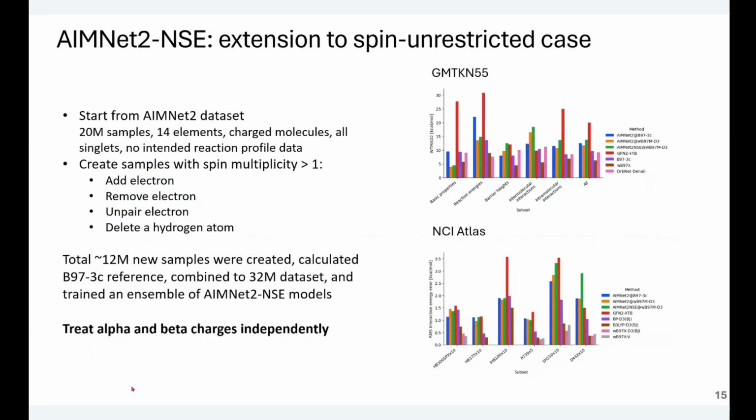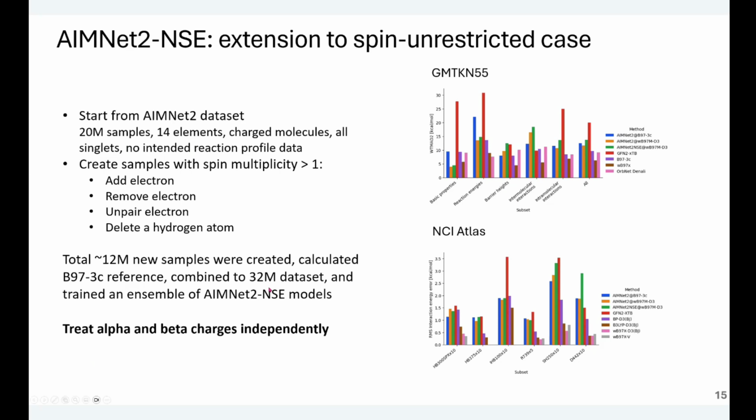Next chapter, very briefly, AIMNet2-NSE, that's in development. We're performing a few tests and benchmarks before we can publish this model. So the basic idea is to extend the AIMNet2 first data set and then the model towards the spin-unrestricted case.